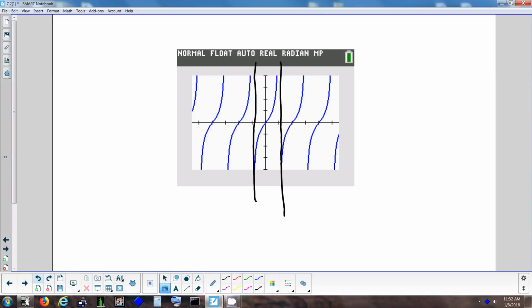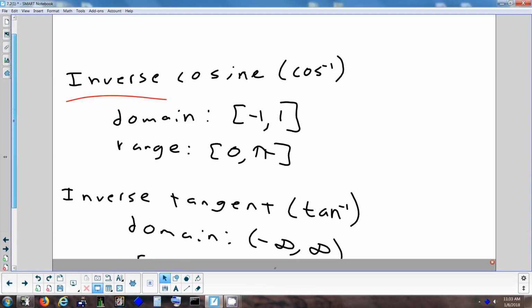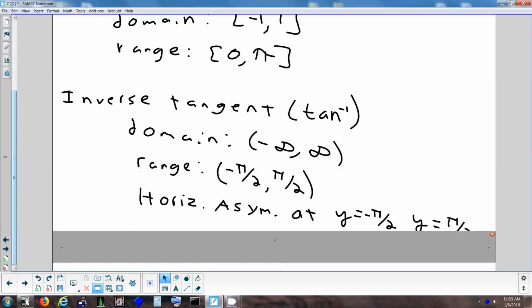If you don't want to focus on that section, then we can't do it. We can only have a horizontal line hit once. So that's negative pi over 2 to pi over 2. That's the domain for the original. What's the domain turn into? The range of the inverse. There's your range.